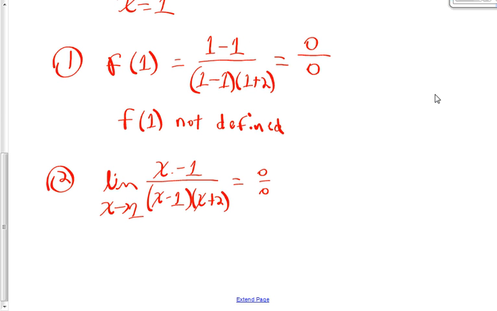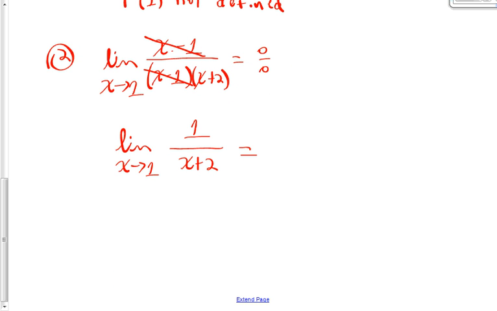So what I want to do is cancel out the common factor, giving the limit as x approaches 1 of 1 over x plus 2. So I actually do get a limit here because I cancel that factor, and the limit is equal to 1/3.